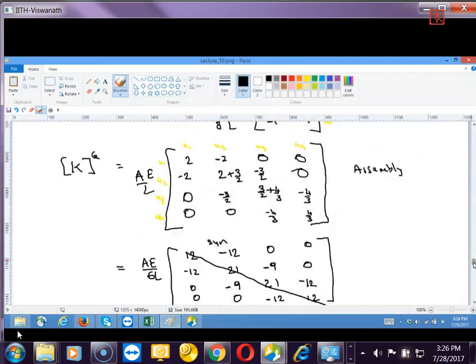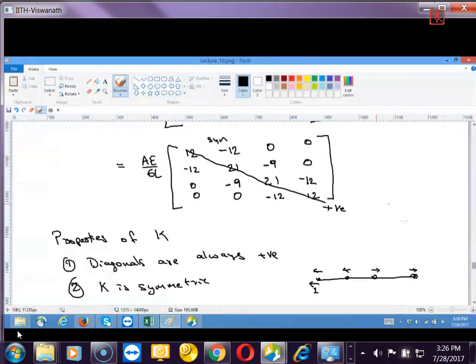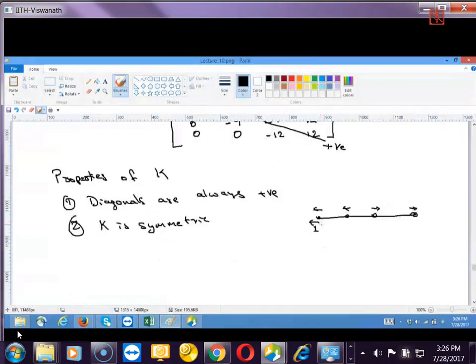So in the first case, if I move it by a unit distance in this direction, I need to put 12 kilonewton in this direction, 12 kilonewton in that direction, 0 here, 0 here. That's the reason one is 12, another is minus 12, 0 and 0.